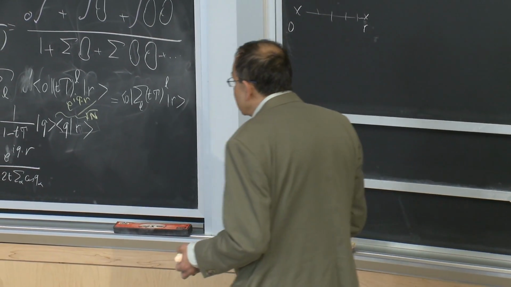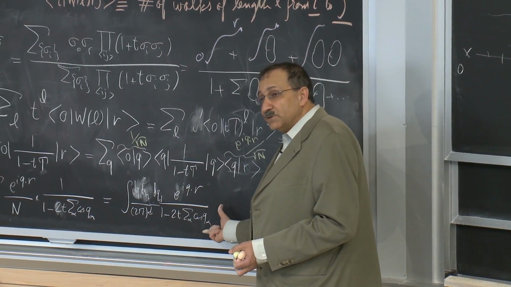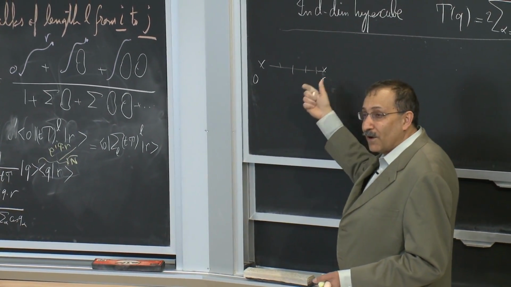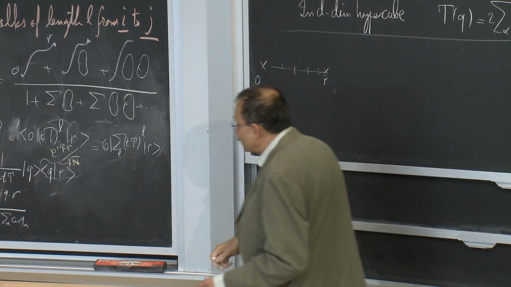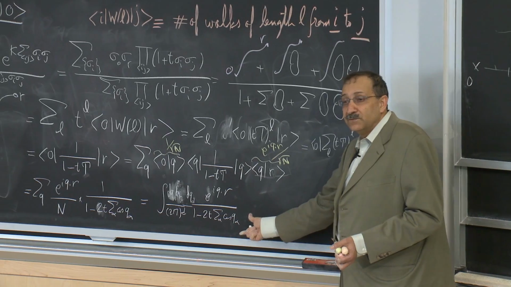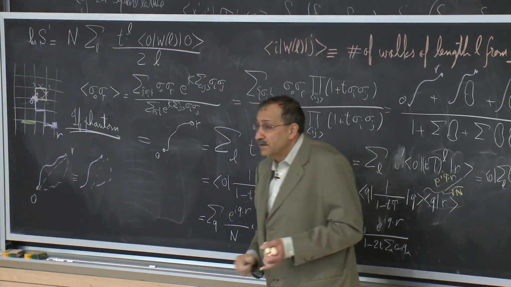So essentially, the mathematical procedure over here is to bring in sufficient factors of e to the minus I q dot r to eliminate that, and the number of ways that you're going to do that is precisely another way of capturing this entity.